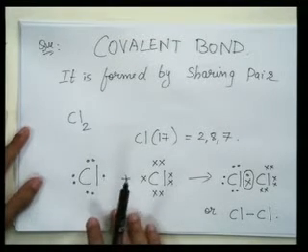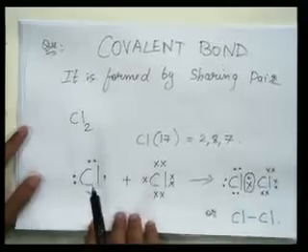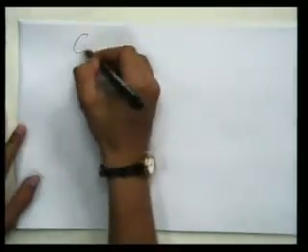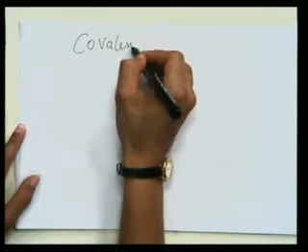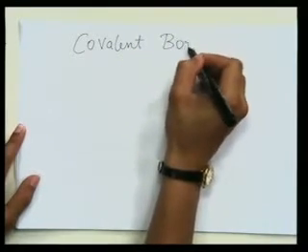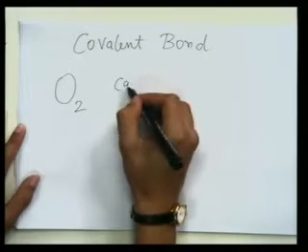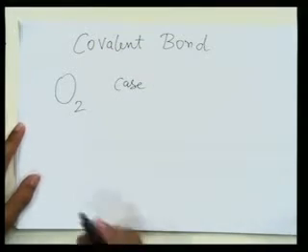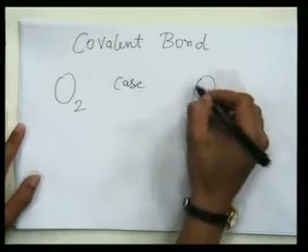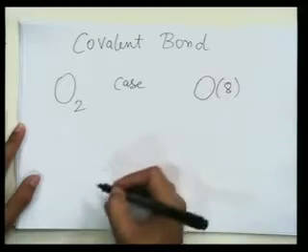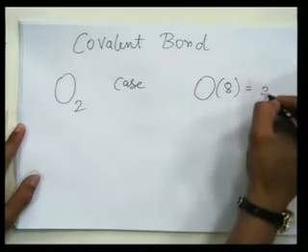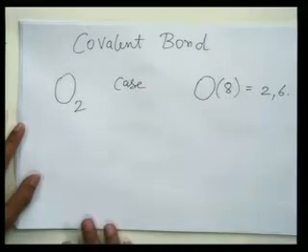Okay, we can take another example of the covalent bond, that is, you can write here, O2 molecule, your oxygen O2 case. So if we want to find, in case of oxygen, your atomic number is 8. So you can write as 2,6 configuration like this.